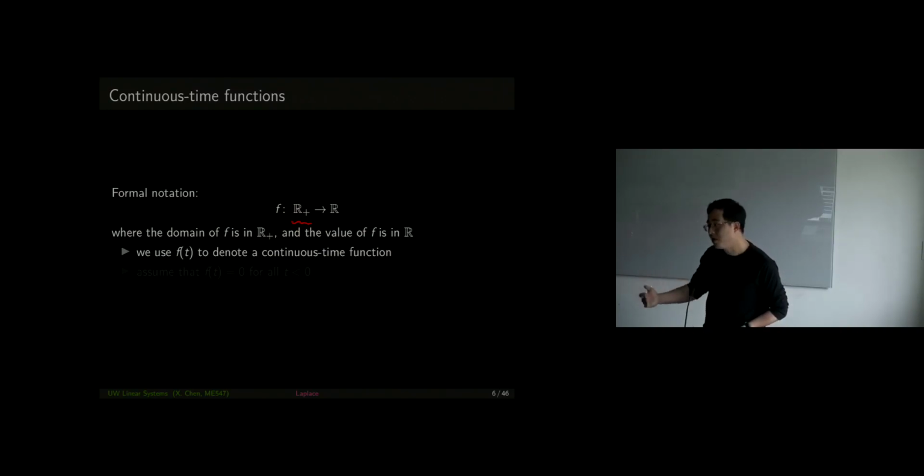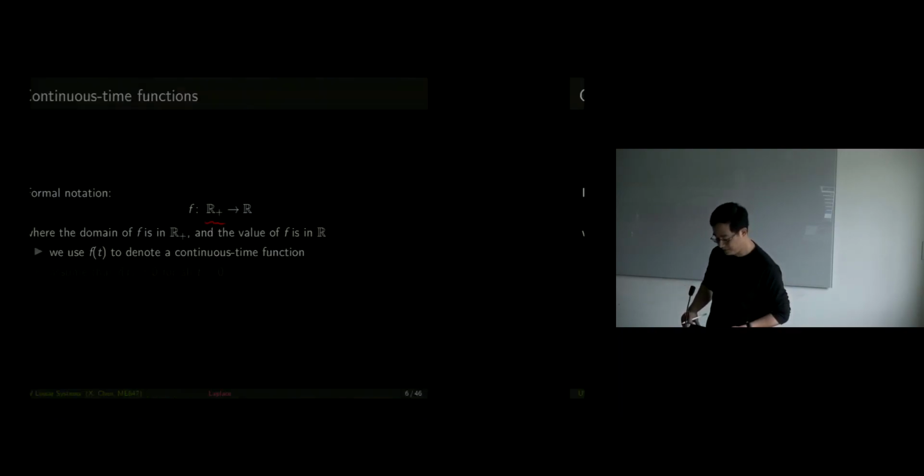Time can only be positive for a dynamic system to analyze. So it's a mapping from R plus to R, to a single number in R. And then we frequently use f to indicate a function in the time domain. So f(t) is a continuous time function, for example.